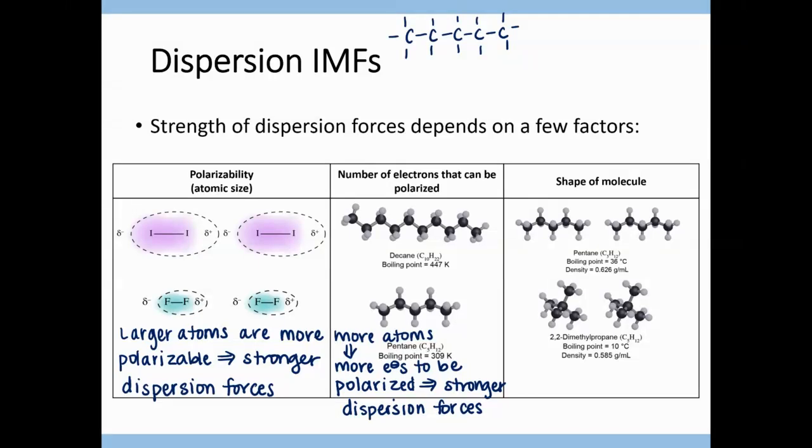This molecule down here, 2,2-dimethylpropane, also has 5 carbons, but they're bonded. We have 4 carbons bonded to a central carbon. And then each of those bonded to the central carbon is a CH3 group.